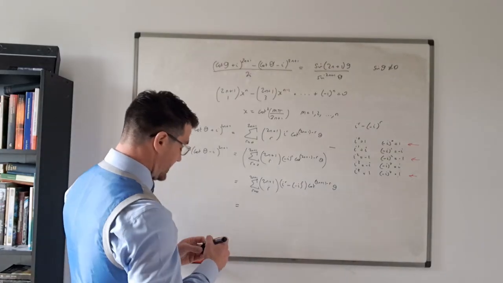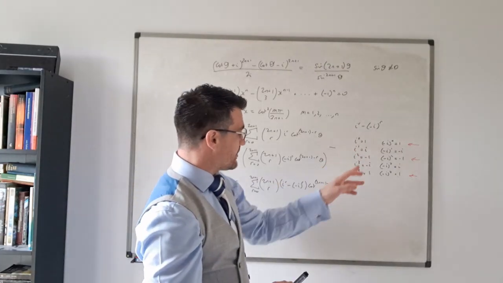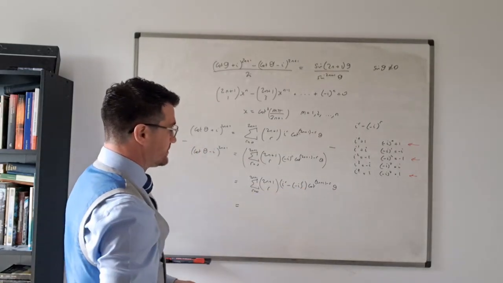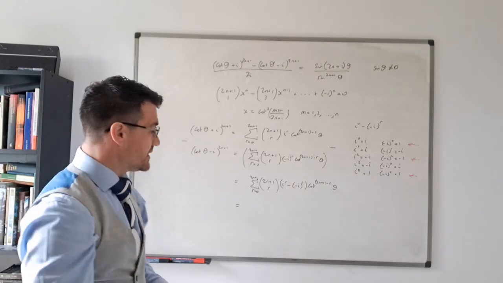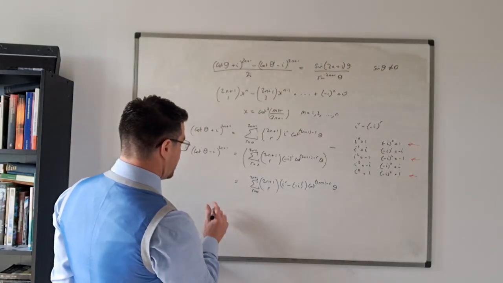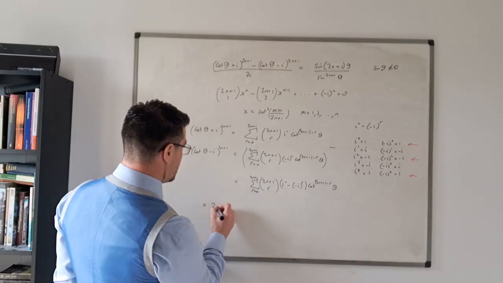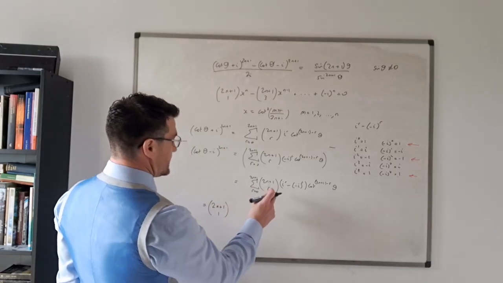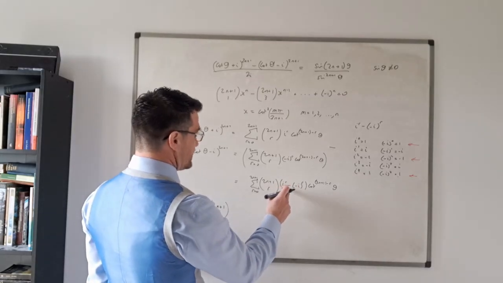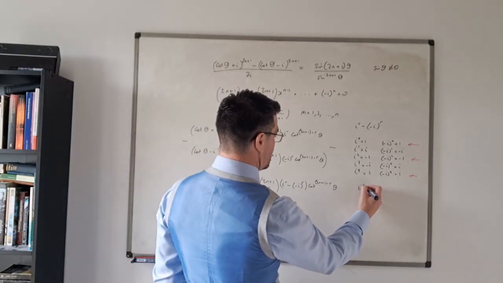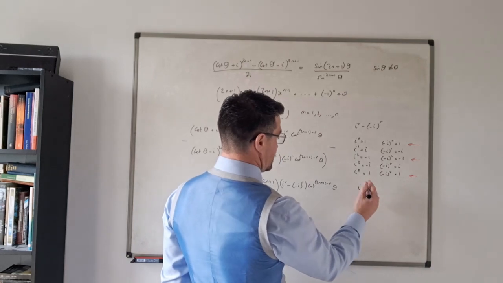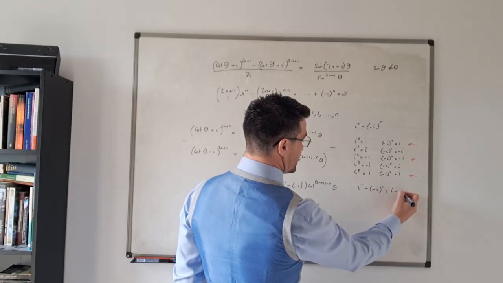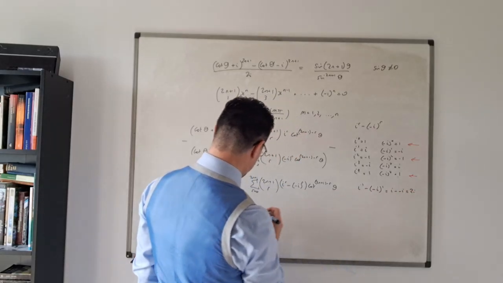Because what we see then is that for even powers of r, this is going to be equal to 0. For even powers. So what's going to be left? We're going to have 2n+1 choose 1, i to the 1 minus (-i) to the 1, which is i plus i, which equals 2i.